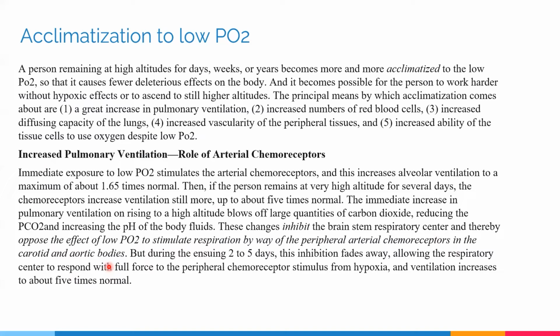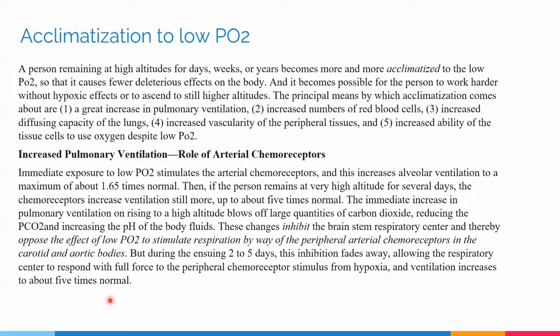Thus, this excess blow-off of carbon dioxide prevents increasing pulmonary ventilation. But during the ensuing 2 to 5 days, as the person remains at a high altitude, this inhibition fades away, allowing the respiratory center to respond with full force to the peripheral chemoreceptor stimulus from hypoxia, and ventilation increases to about 5 times normal.